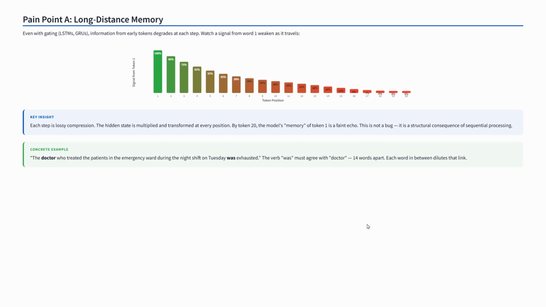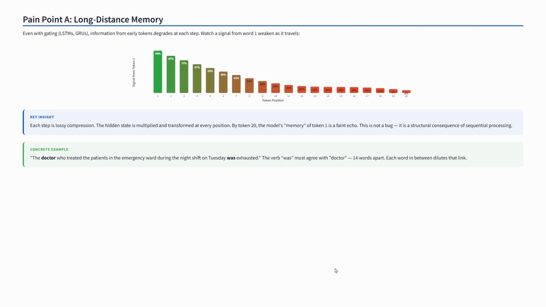Here is a concrete case that makes this real. Consider the sentence: the doctor who treated the patient in the emergency ward during the night shift on Tuesday was exhausted. The verb "was" needs to agree with what? The doctor. The verb "was" needs to agree with "doctor."